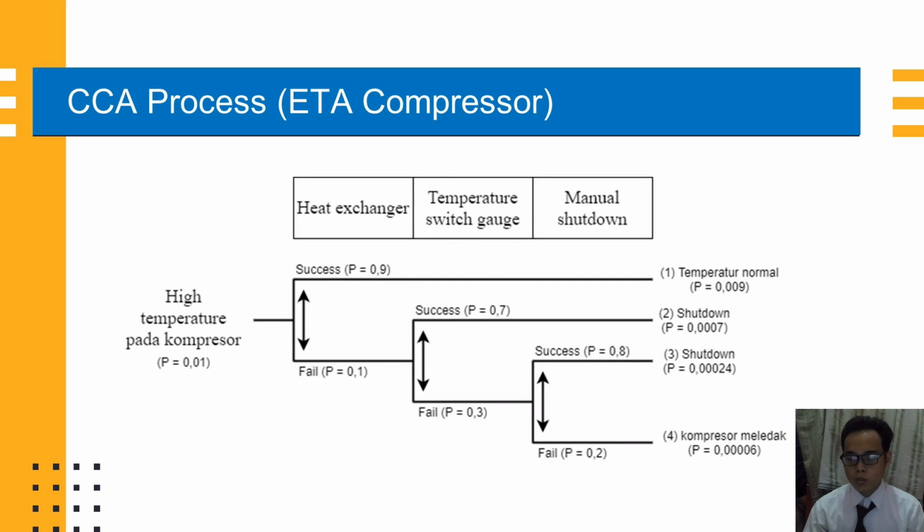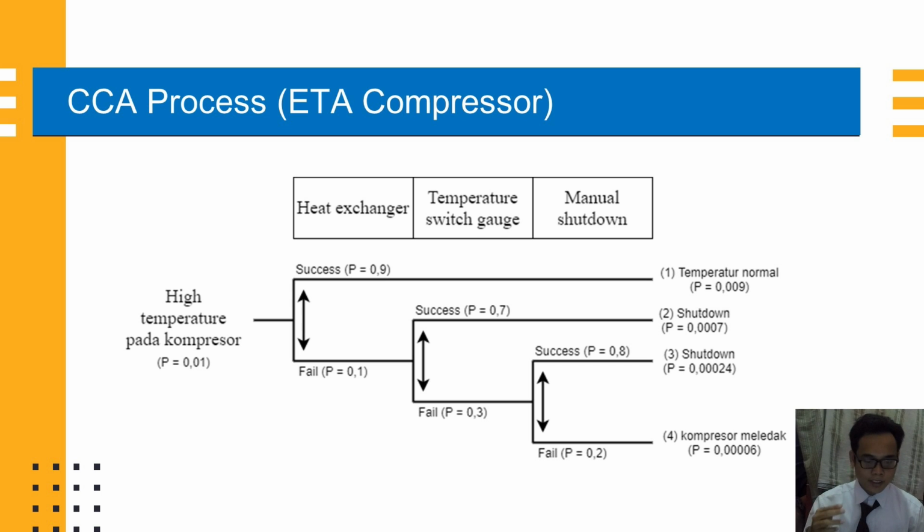The cost consequence work process starts by doing event tree analysis. In the event tree analysis, high temperature on the compressor has pivotal events, such as the heat exchanger, temperature switch gas, and manual shutdown. If the heat exchanger succeeds, then the temperature is normal.